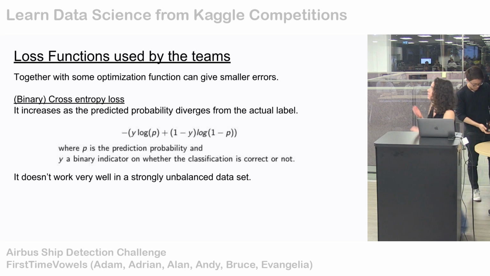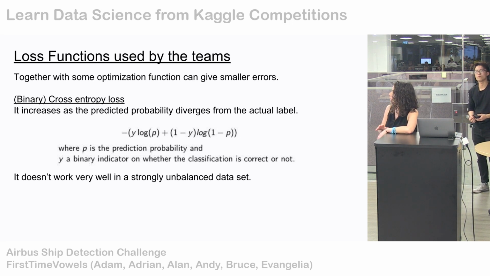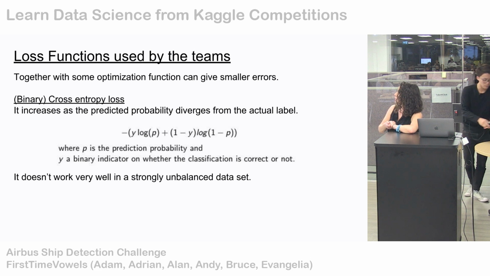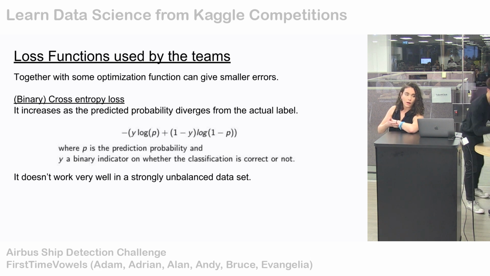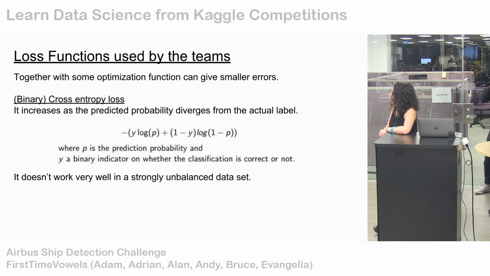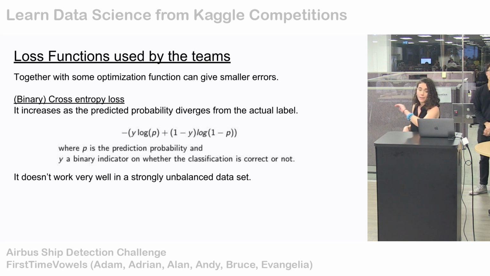So yeah, here are some of the loss functions that people used for the competition. Loss functions are used in general to see how well the model behaves. My understanding is that you take these functions and run them through some optimization method, and you want to have an error as small as possible.